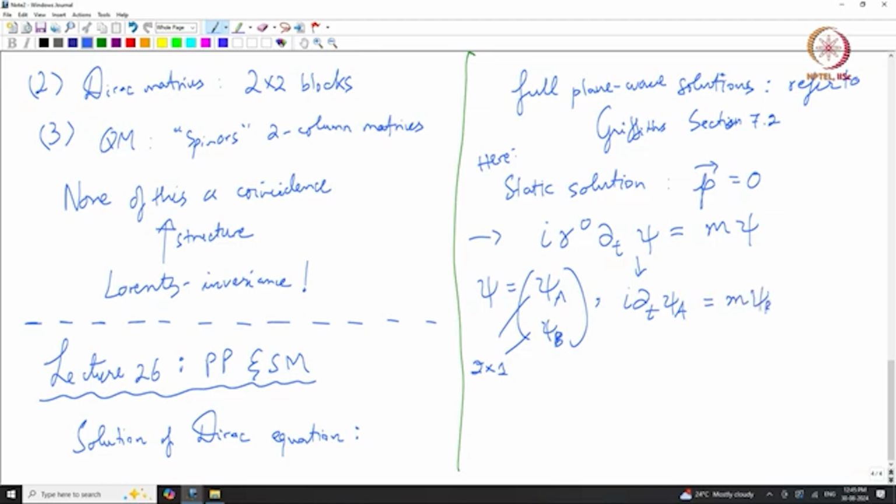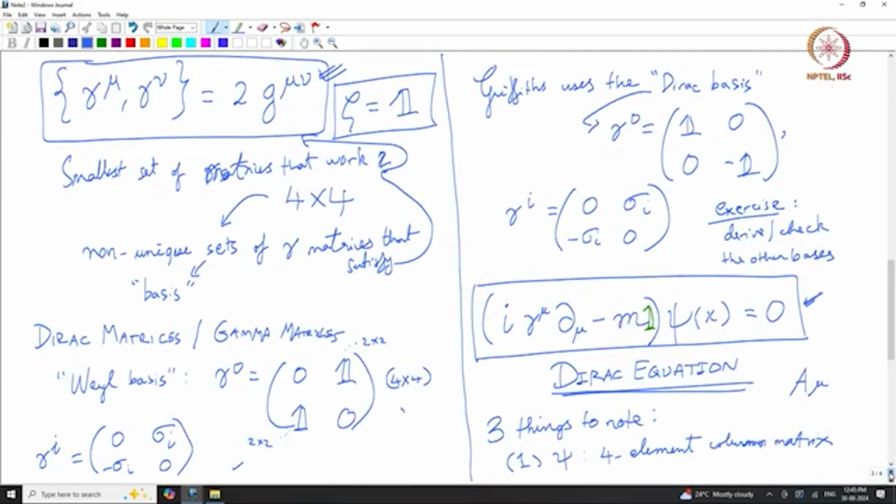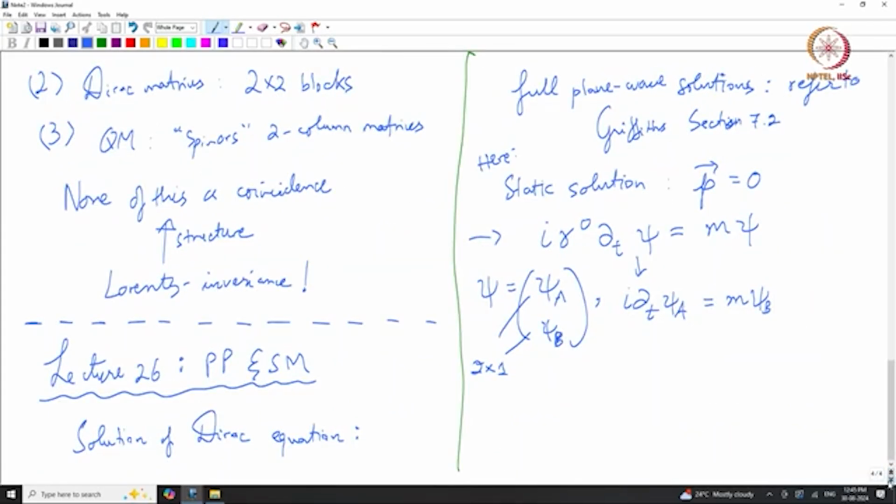It has to be psi B. That is just what the gamma 0 matrix does, okay, in the Weyl basis at least, right. And similarly, partial t of psi B will give me m psi A, okay. Good. This is what we are going to solve, okay.